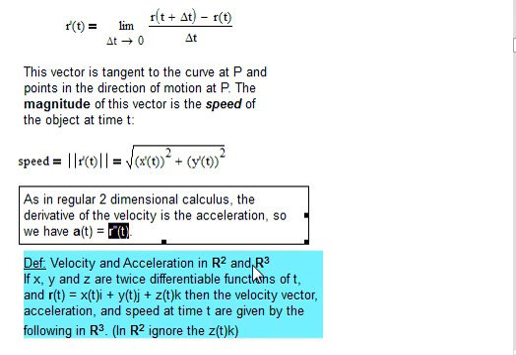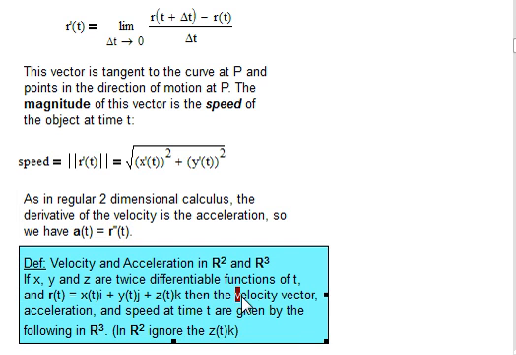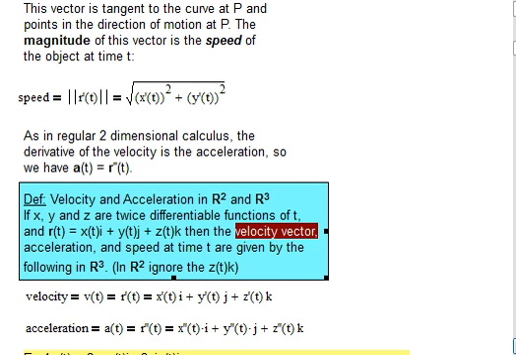velocity and acceleration in R squared and R cubed: if x, y, and z are twice differentiable functions of t, and r of t equals x of t i plus y of t j plus z of t k, then the velocity vector, acceleration, and speed are given by the following in R cubed, and in R squared just ignore the z of t k and similar.